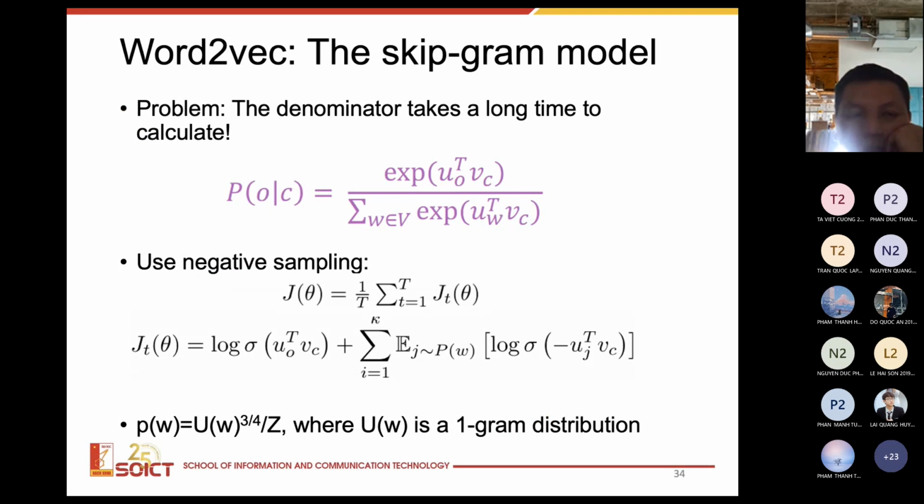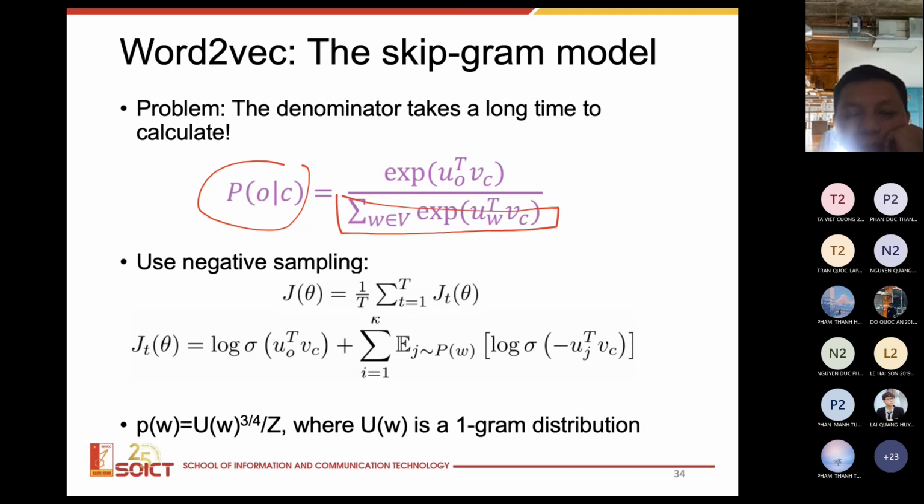As you see in the computation of the probability here, the denominator is the sum of the exp of u_w and v_c over every word, and it will take a long time to calculate.